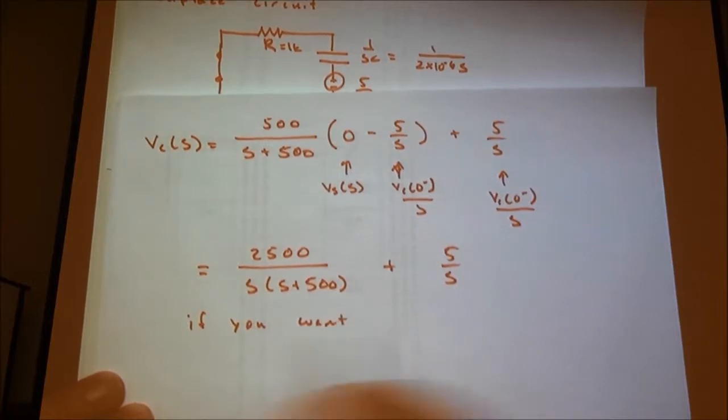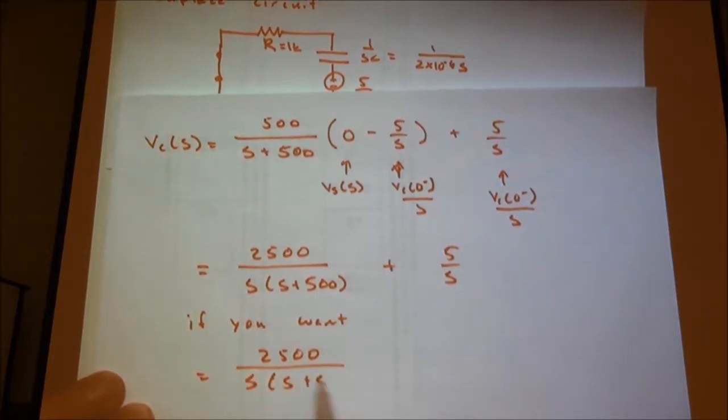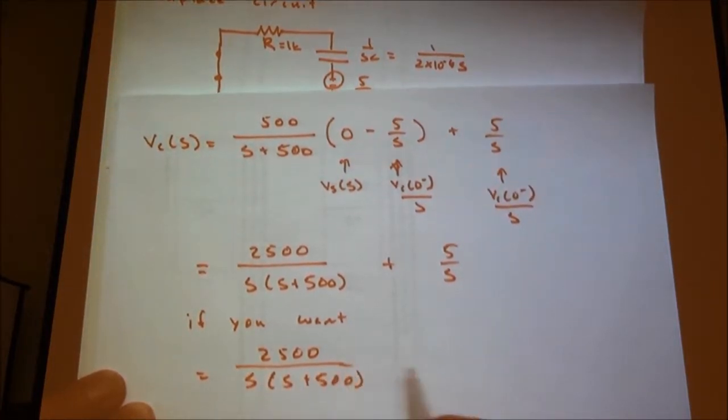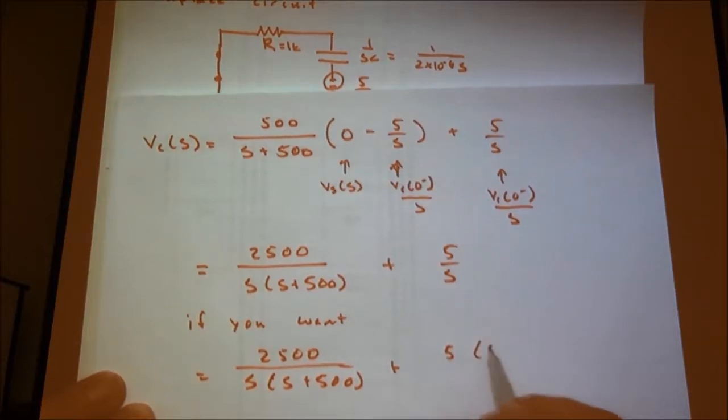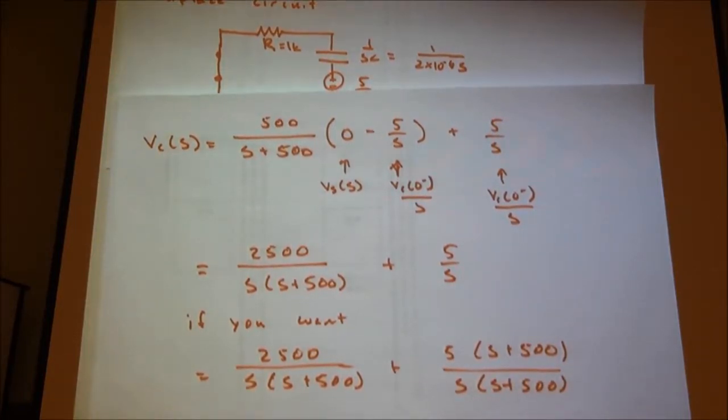Not necessarily recommended, but if you want, you could write this as 2500 over s times s plus 500, plus 5s plus 500. I don't know, gives you something to do on a Friday night. They have the same denominator, so you could add them together and get a single numerator and a single denominator. Not needed.